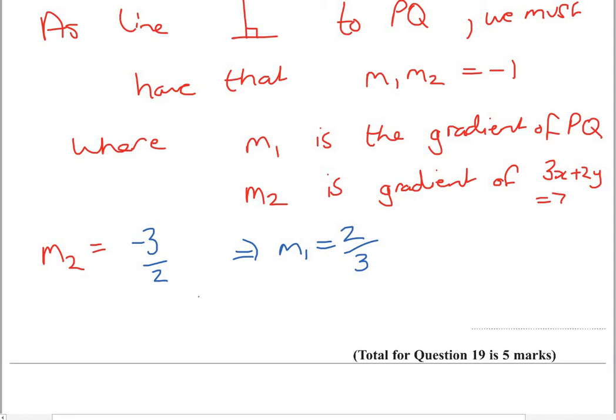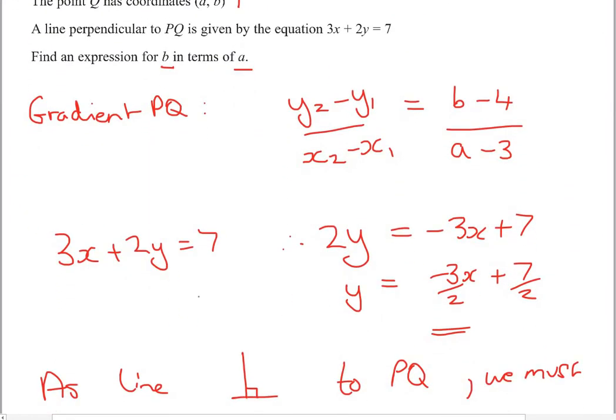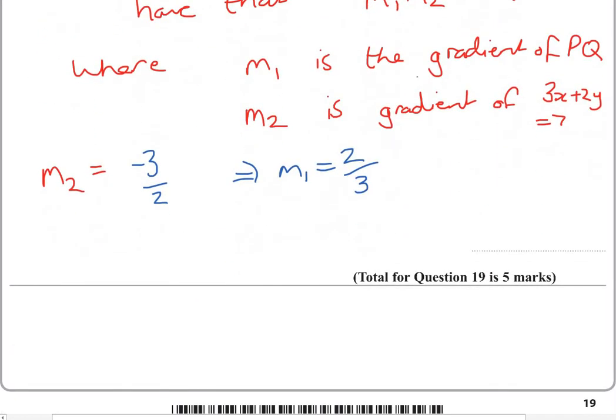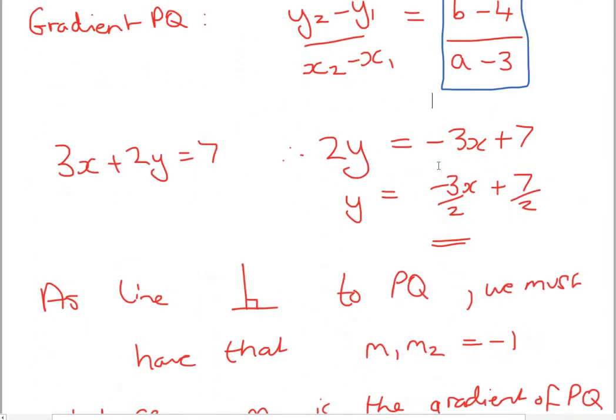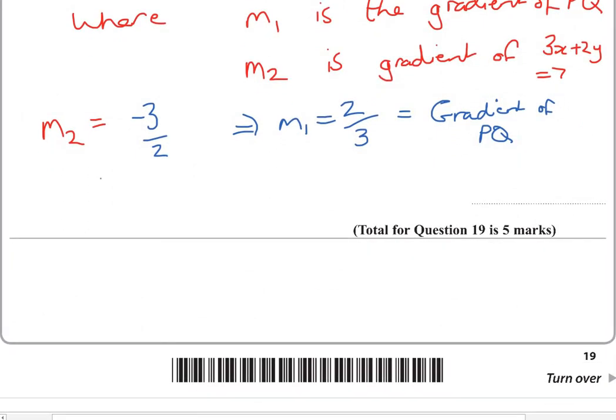Okay, we're nearly there now. We've also shown that the gradient of PQ is this value here, (b minus 4) divided by (a minus 3). So we can set them equal to each other.